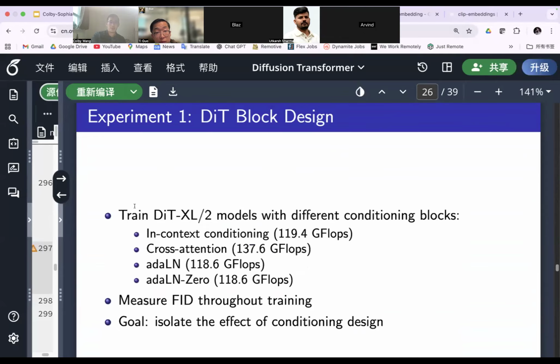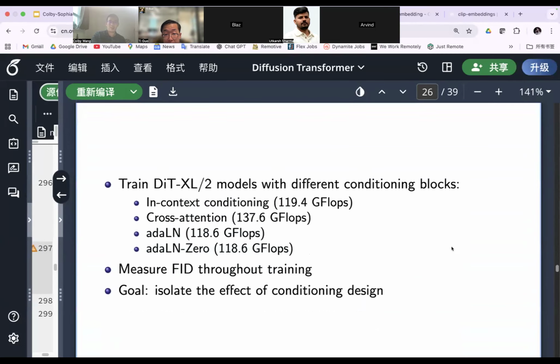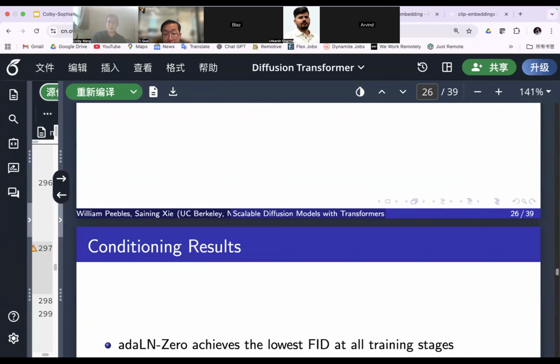For the first experiment, they train an XL large, which is the largest model, on a patch size of 2, with four different conditioning blocks: in-context conditioning, cross attention, adaptive layer norm, and adaLN-Zero. They find that the last two models have the smallest number of operations. We measure the FIDs throughout training, and the goal is to isolate the effect of the conditioning design.